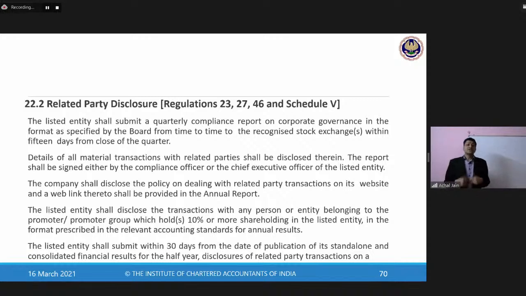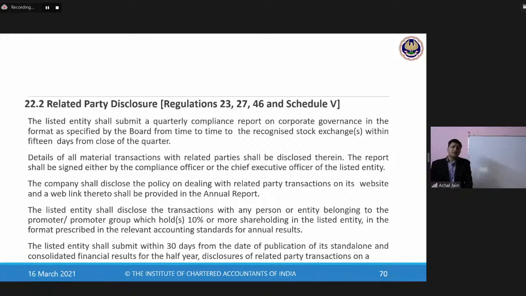Why? Because the stake of that promoter is involved significantly. So whether it has really been ensured that the transactions have been taken at arm's length or not, irrespective of that, what's the quantum of those transactions? All of this information is therefore required to be made available.